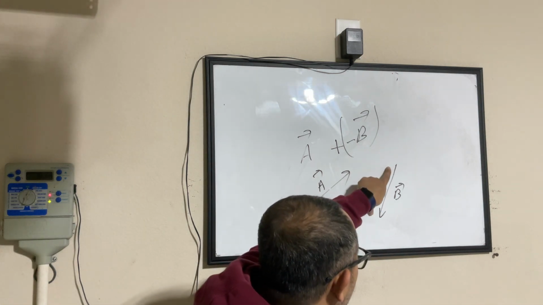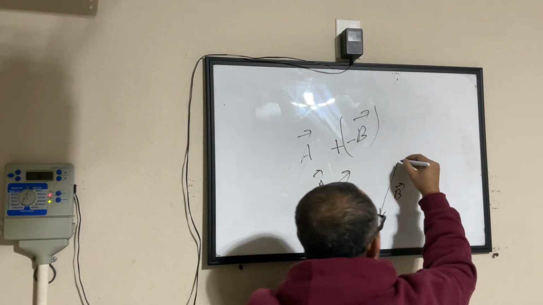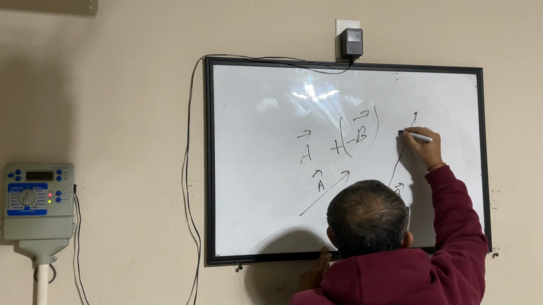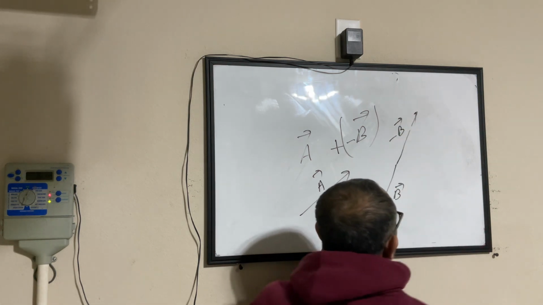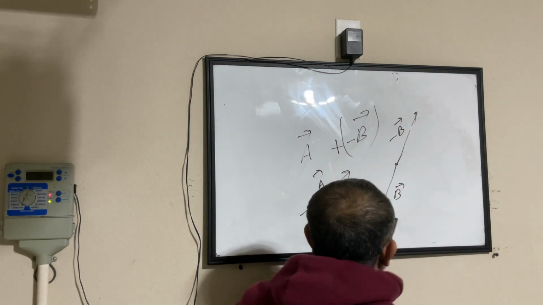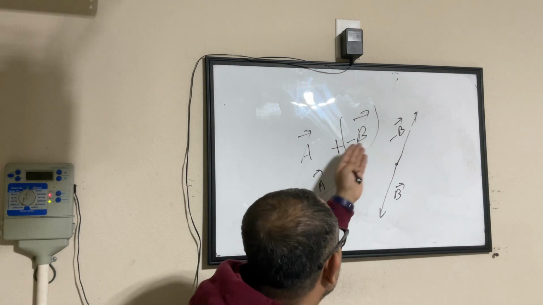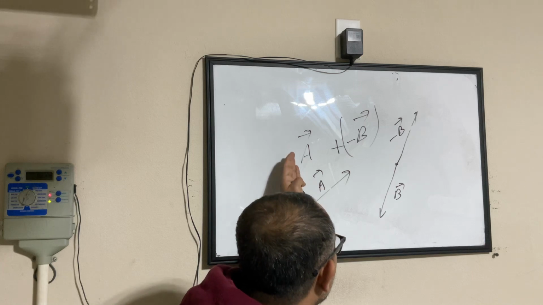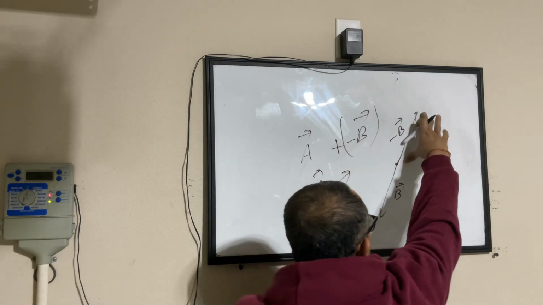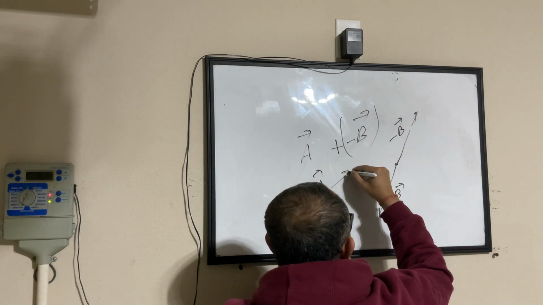And now if I have B known here, what is minus B? Minus B will be this one. So if I have to subtract B from A or add A plus minus B, both are the same. So I will say okay, fine.